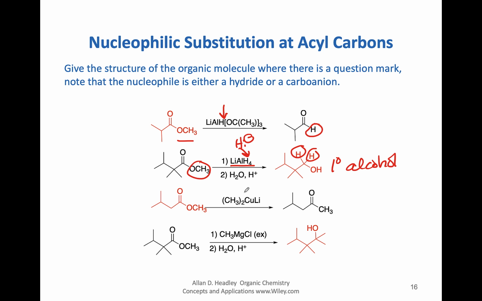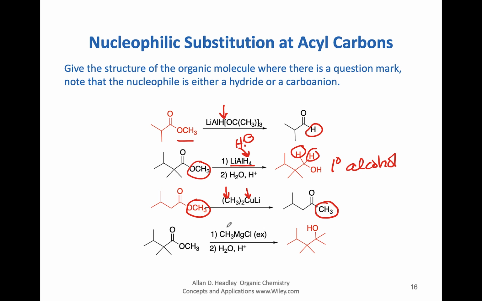Here's our Gilman reagent. Here's the nucleophile. Weak reducing agent because it's bonded to copper, not as hard as your magnesium for the Grignard. So therefore it will just introduce one of the methyl groups here for the substitution reaction.